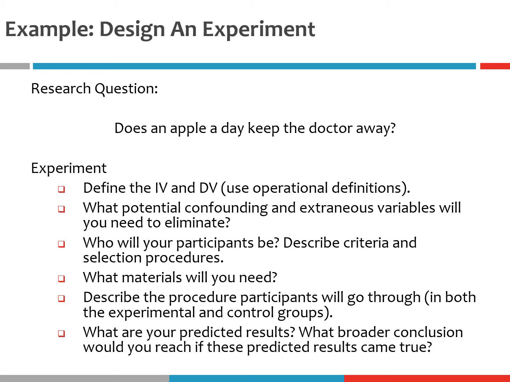So we can again operationalize that in a number of ways, but generally we're looking at how apple consumption impacts one's health, right? So let's go ahead and start with the first bullet point here. So it says define the independent variable and the dependent variable with operational definitions.